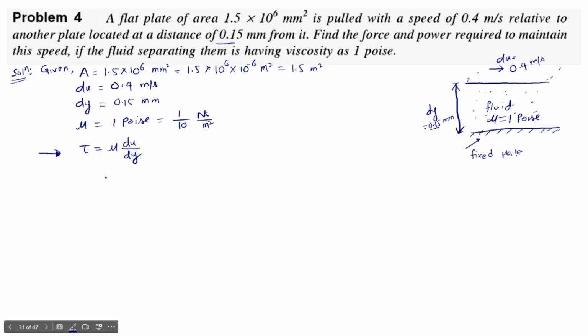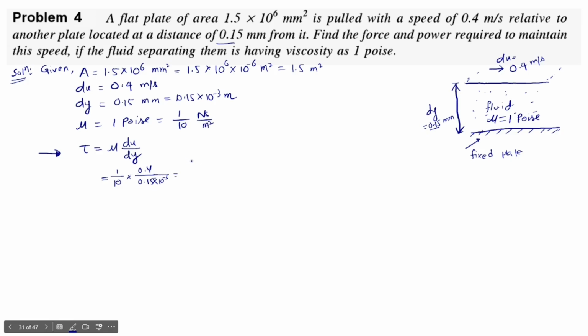If you put the value of mu as 1/10, du as 0.4 and dy as 0.15, since 0.15 mm is given, you need to convert it into meter, so 0.15 into 10 raised to the power minus 3 meter.